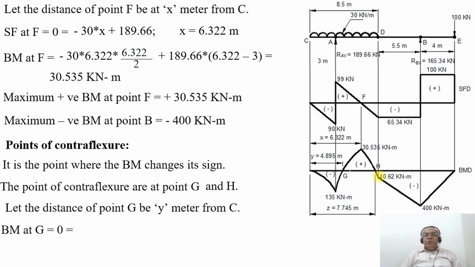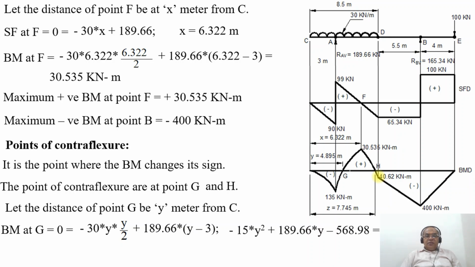That is minus 30 into y by 2 plus 189.66 into y minus 3. On expansion, it is minus 15 into y square plus 189.66 into y minus 568.9, equal to 0. Therefore, y square minus 12.644 into y plus 37.932 equals 0.